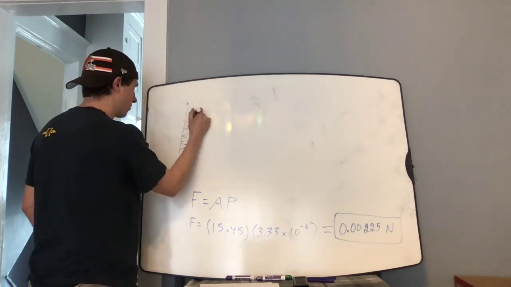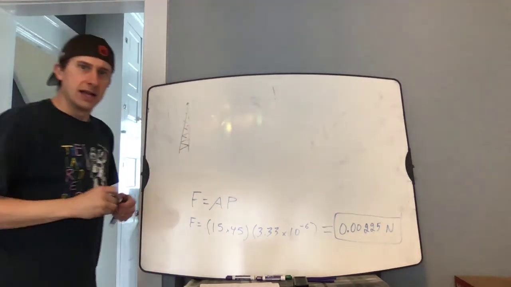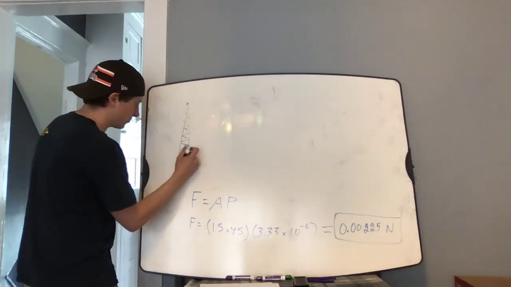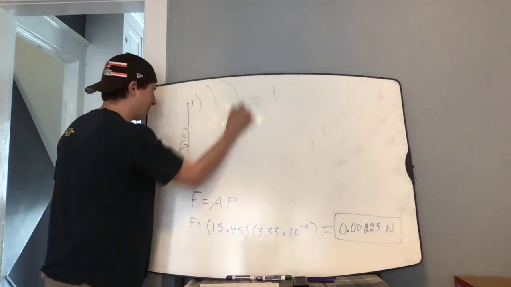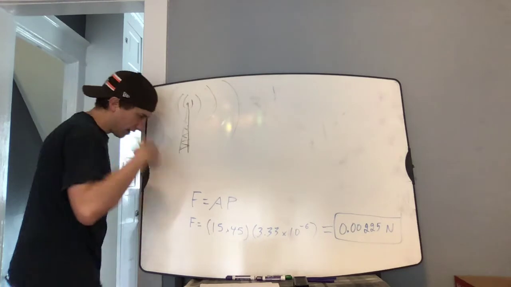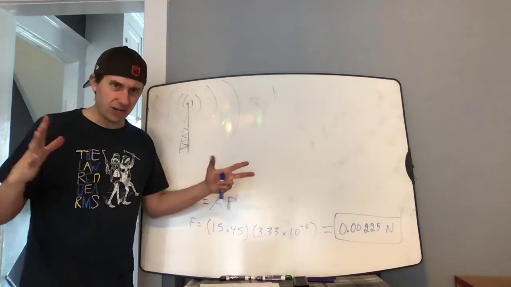And the radio waves are being transmitted evenly in every direction. That implies that the radio waves, in other words the light, are going to spread out in a sphere.